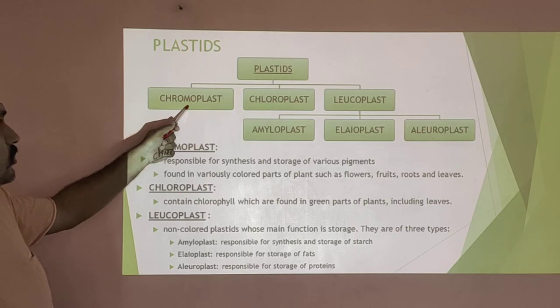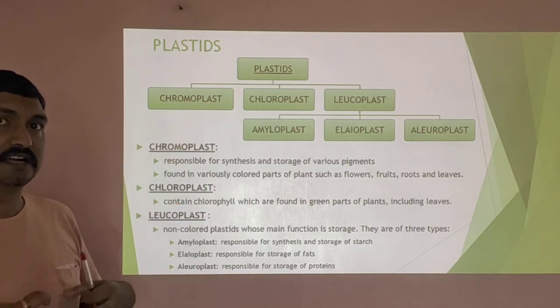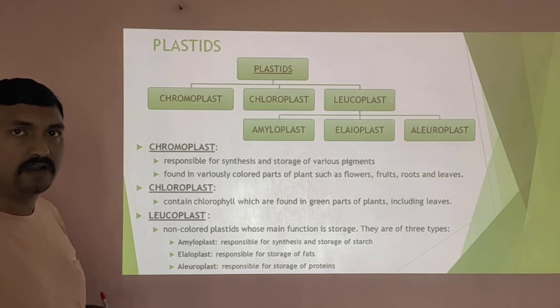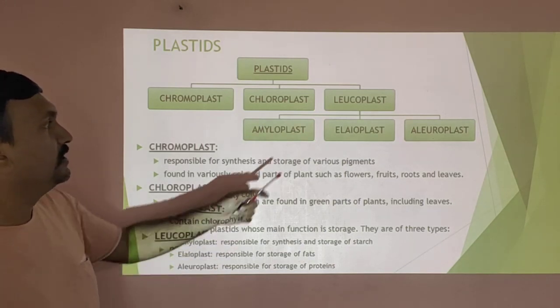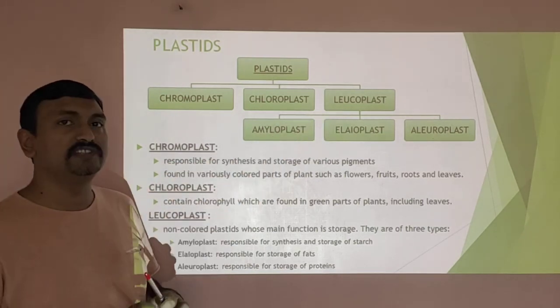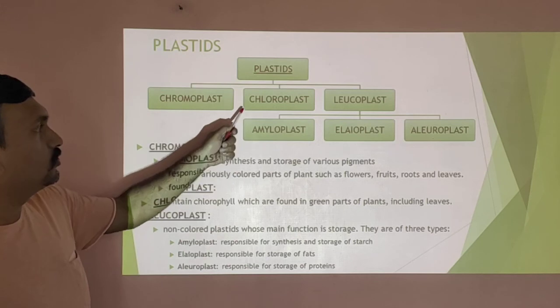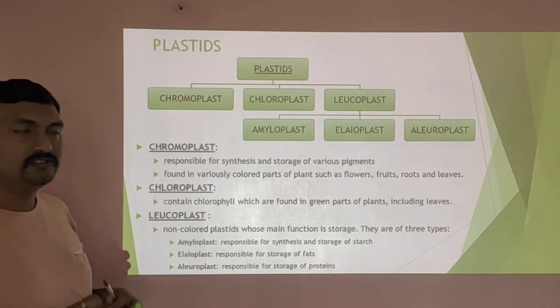Now see, the word chromo means colored. So the plastids which are colored in nature are chromoplasts. They are colored because they have certain types of pigments. Leuco means colorless. So these plastids are colorless. Now chloro means green colored.